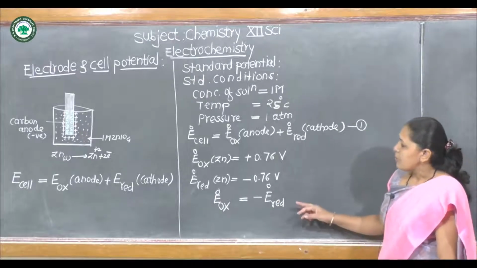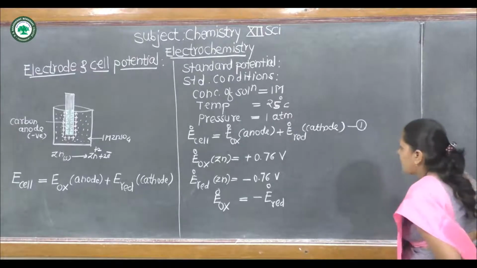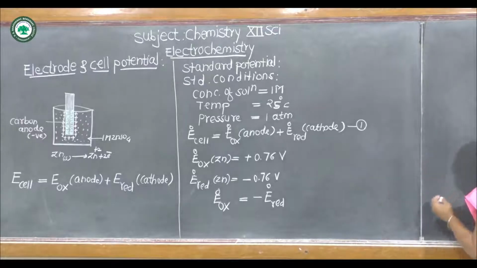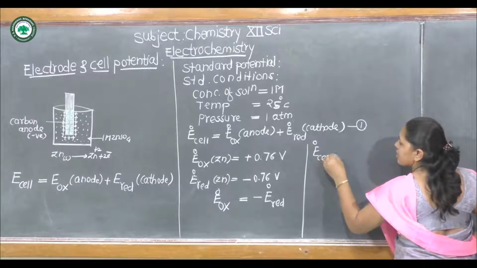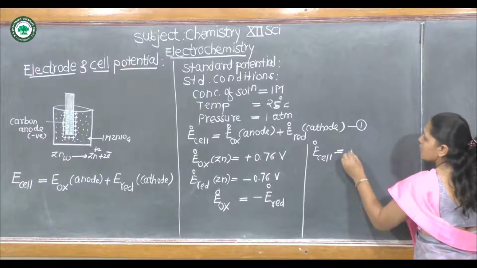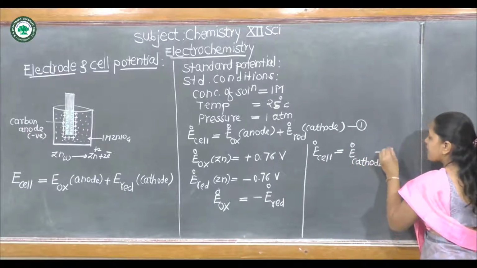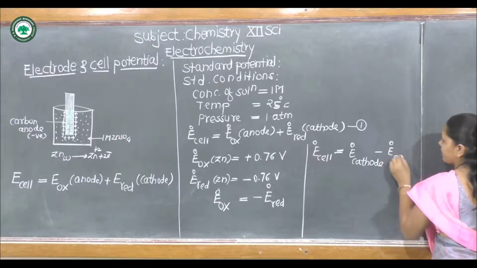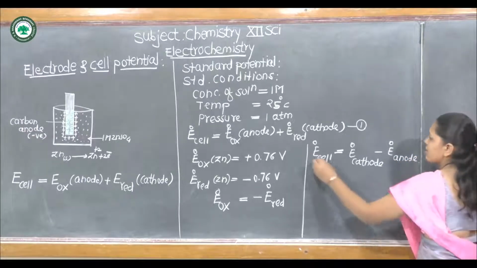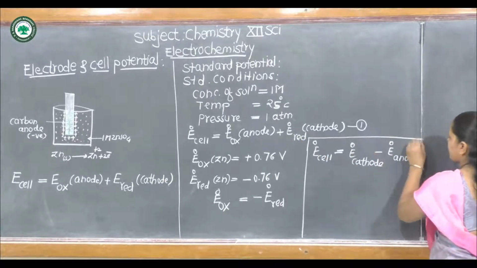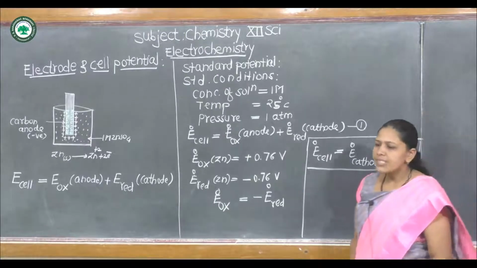Then by substituting this value in equation 1, you will get E0 cell is equal to E0 cathode minus E0 anode. By using this equation, we can calculate standard cell potential.